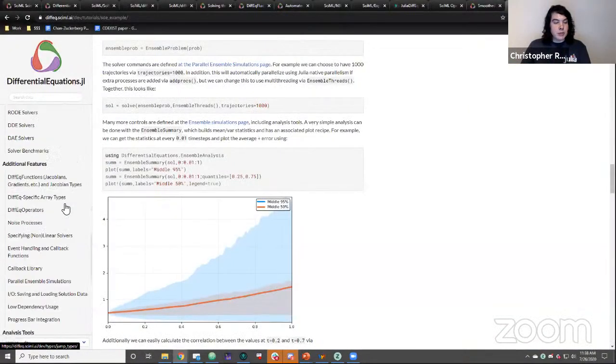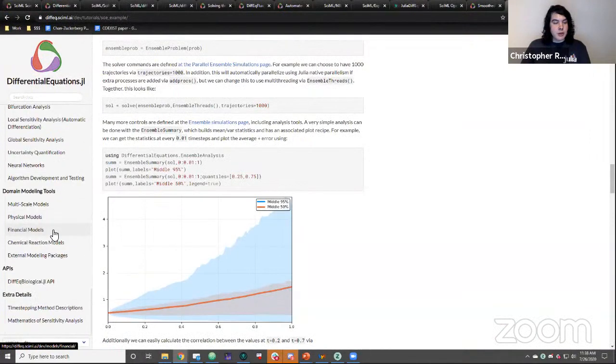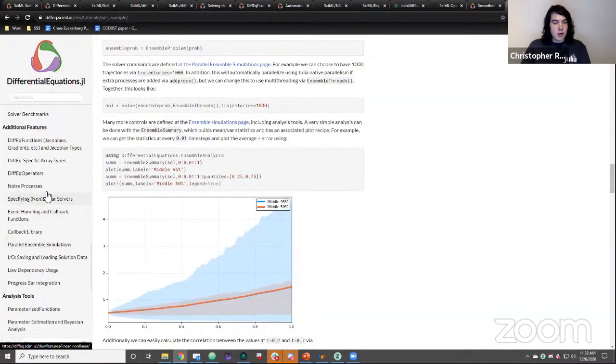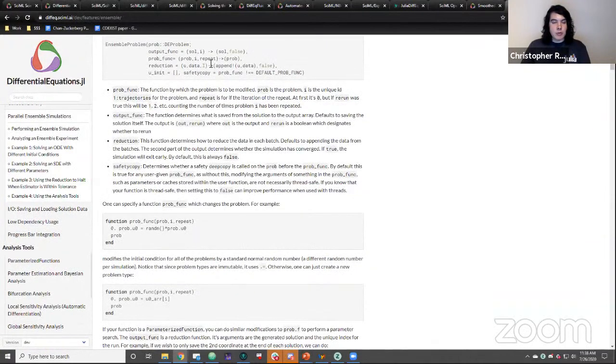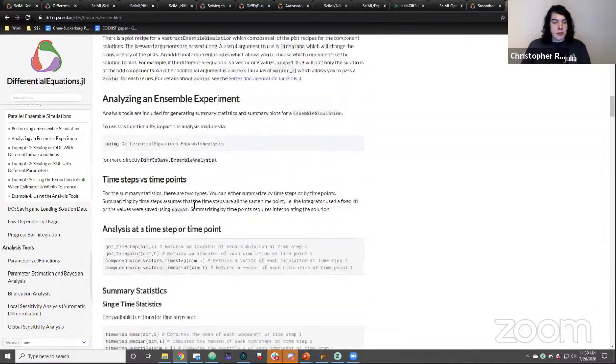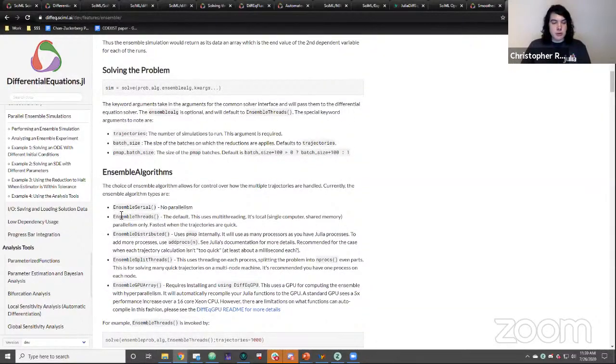So if you want more information on ensembles, then you can look at the ensemble parallelism page, which describes how you build ensemble problems, how you make them so that they can change initial conditions and change parameters, sample random parameters, and then all the different parallelism choices. So you can multi-thread, which is done by default.